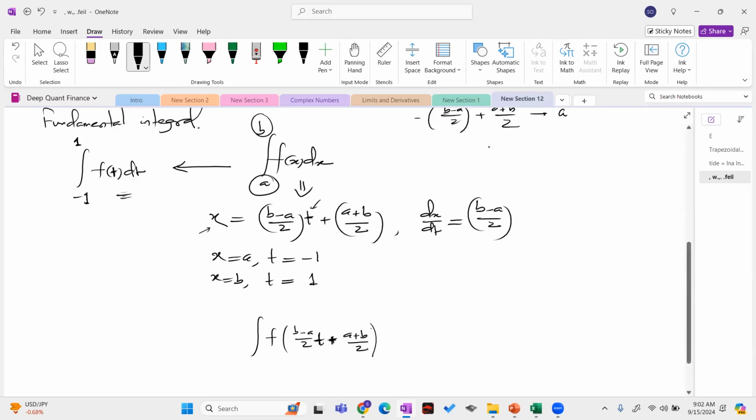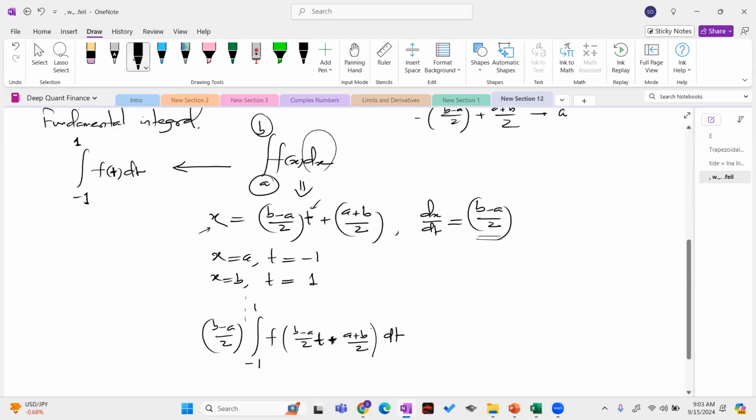Then instead of dx, I can write (b minus a) by 2 dt. So (b minus a) by 2 is a constant and will come out. And the limits have become -1 to +1. That's how I can transform any definite integral from a to b, by doing a variable substitution. It's a new variable, and the integral goes from -1 to +1.